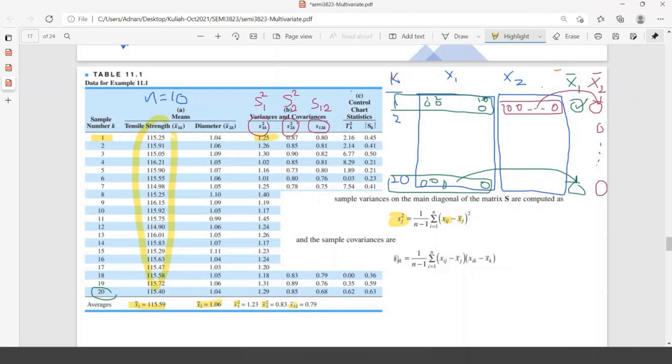I think this representation uses J here. J is referring to this sample. The notation is not the same here. So Xij is referring to the individual value, like X11, X12. Don't get confused with that, because the notation is not consistent here.